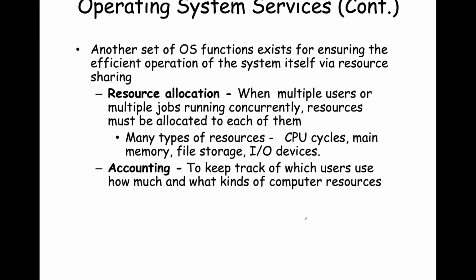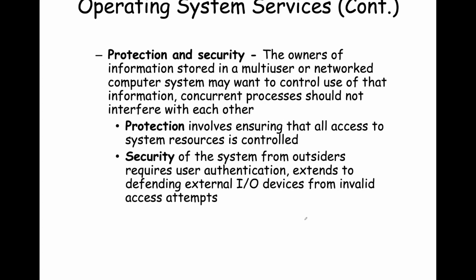Operating systems also keep accounting, they keep tabs on how much of each resource each task or each user is consuming. Because in some operating systems you share these resources, and it's good to know how much of each resource is being used by each program.